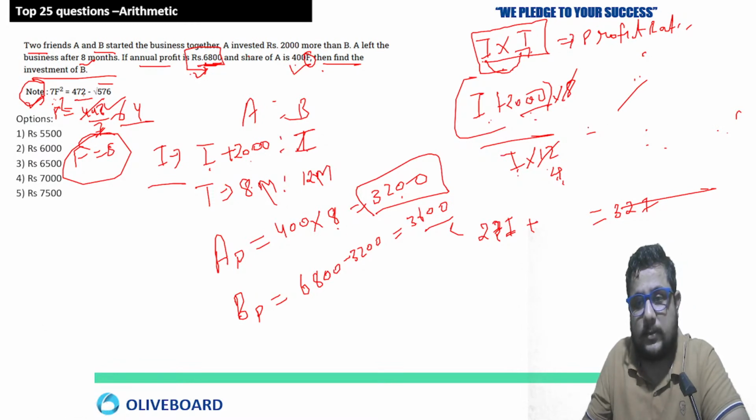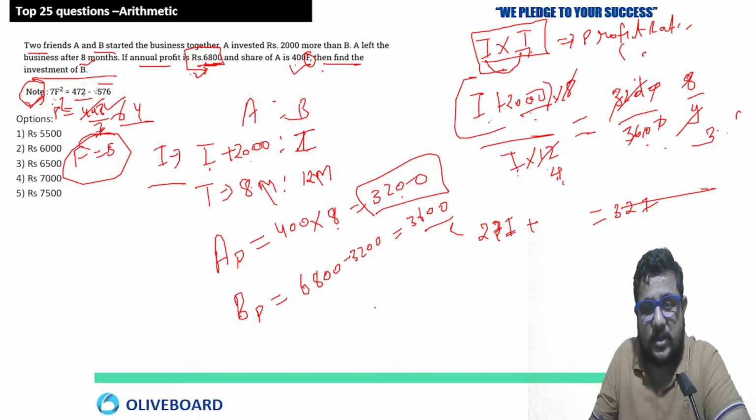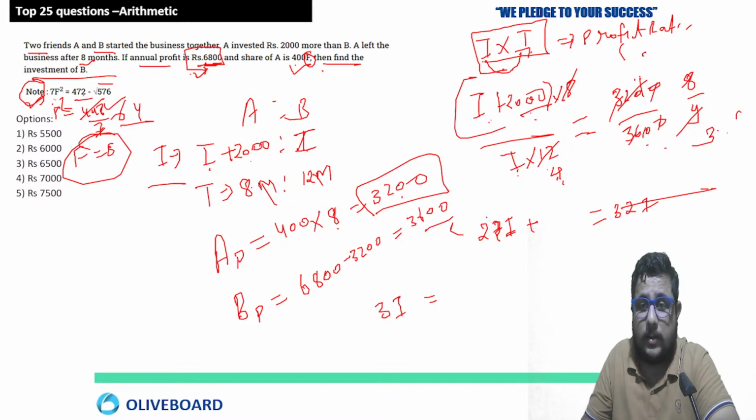Okay. Now see, this was 3200 by 3600. 0 to 0 cancel. Now this will become 8 ratio 9. Now by 4 we have cancelled this. This is 4 times and this is 3 times. This 8 to 8 cancel. Now just multiply 3 there, so it will become 3I. 3I plus 2000 equal to 4I.